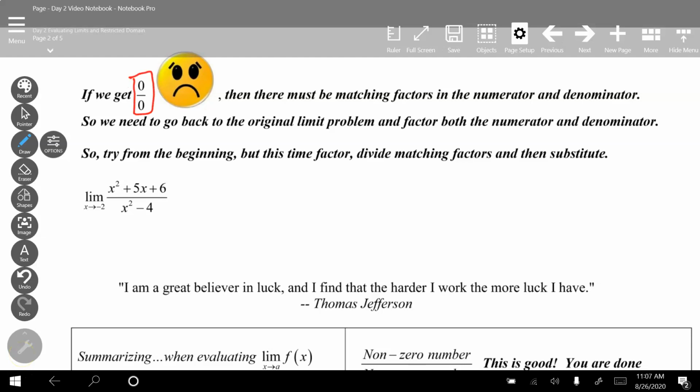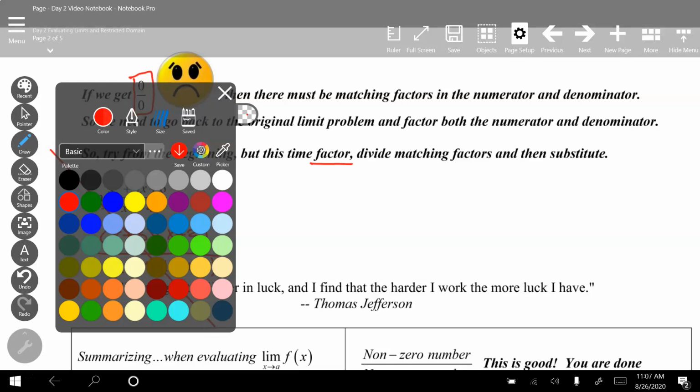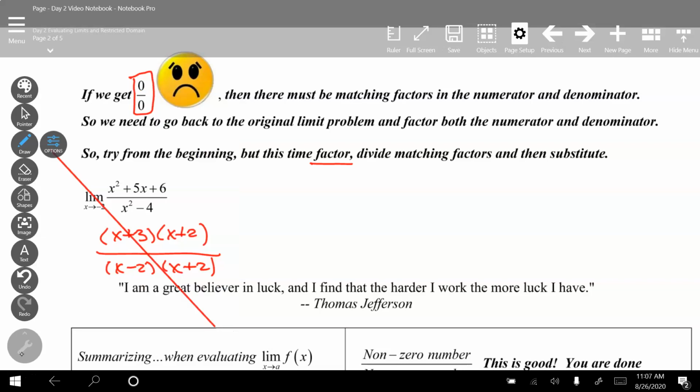We need to do more work, maybe by factoring. So if I factor this, I get x plus 3, x plus 2, and I get x minus 2, x plus 2. You need to work on your factoring. Your factoring has to be perfect. I notice that some things cancel out. I got that slash that went through the middle here, but you're going to have to deal with it.